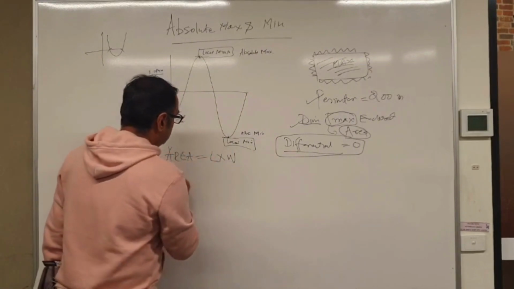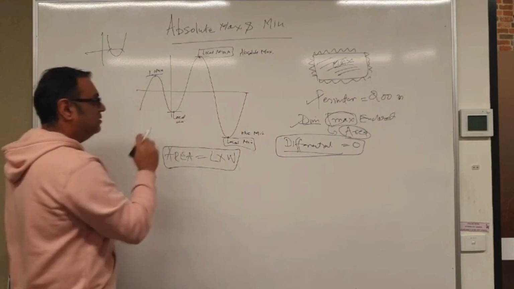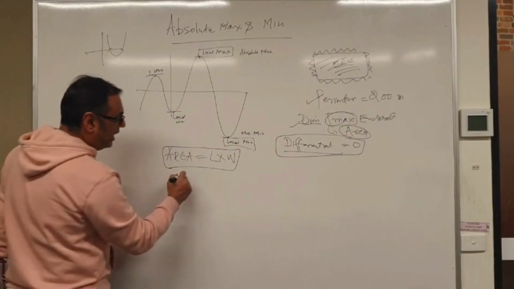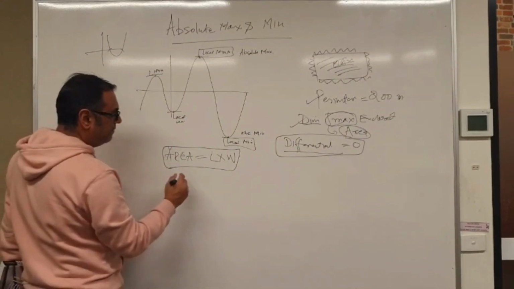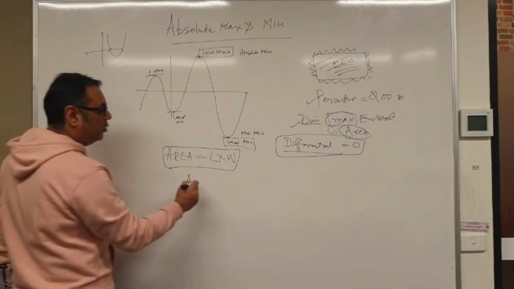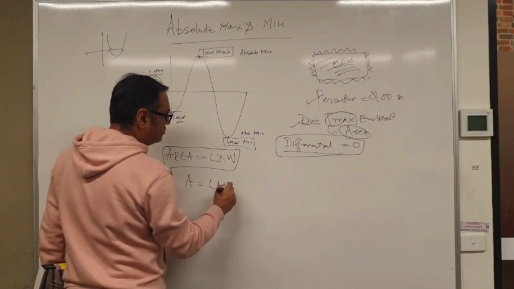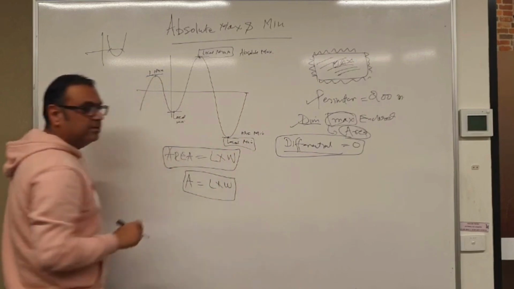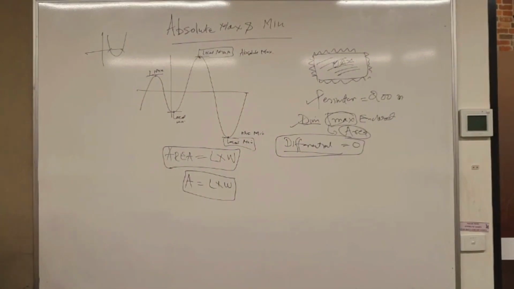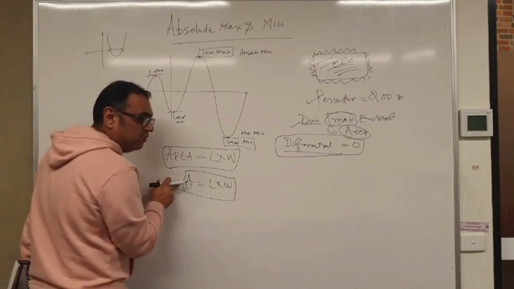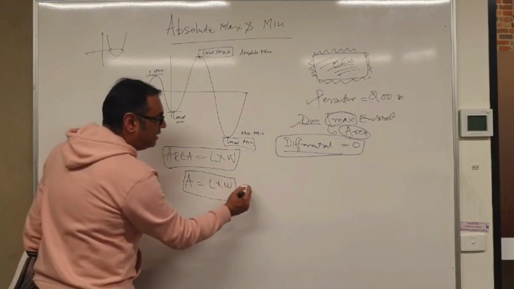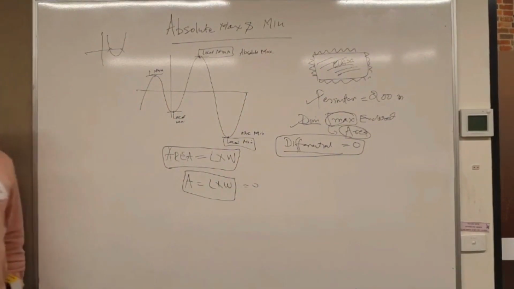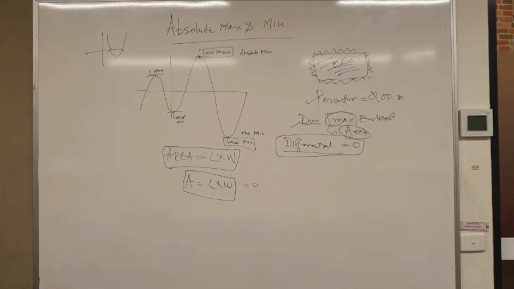Now, length times width. So now I'm saying let's say area be A equals length times width. Correct? I need to find the differential of this area and equate it to 0. What is the next step? What will I do next?